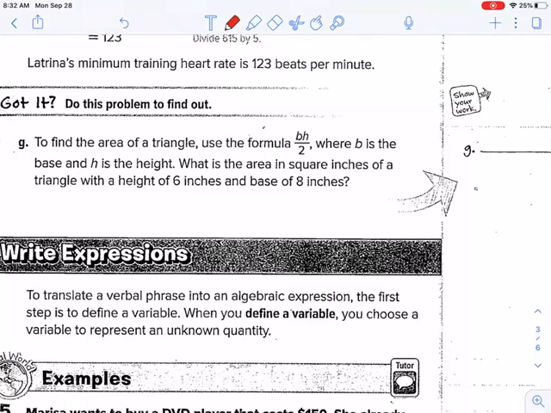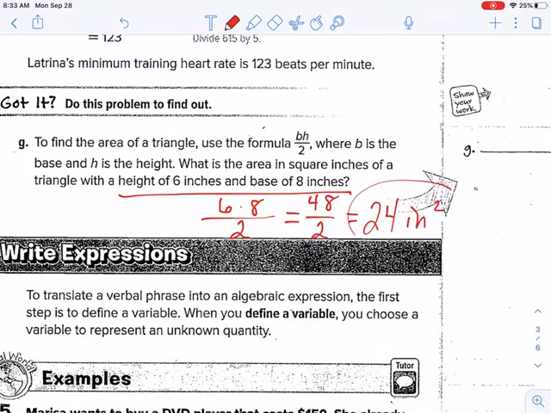What is the area in square inches of a triangle with a height of 6 and a base of 8? So B times H would be the top there. So we would do 6 times 8 on the top and then divide by 2. Again, you can multiply by 1/2 if you want to. So 48 divided by 2 is going to give us 24 inches squared for that one.